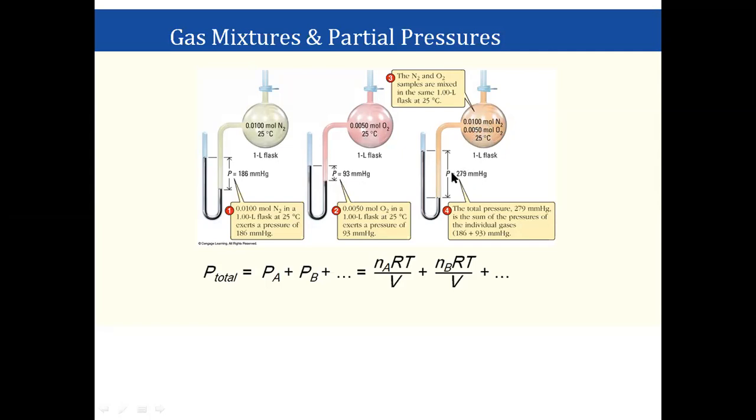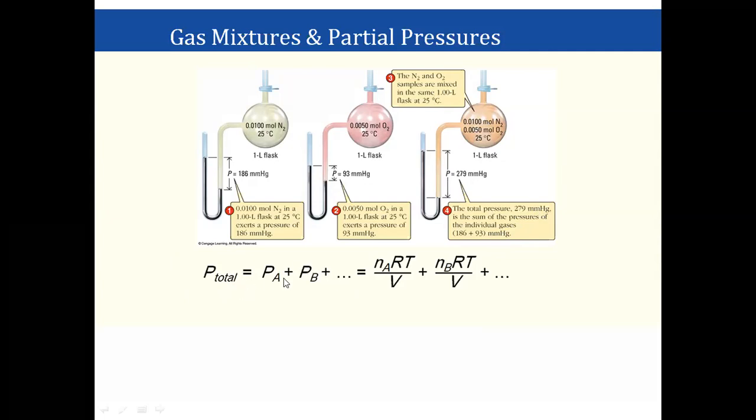So the total pressure is 279 millimeter Hg, which is 186 plus 93 millimeter Hg. So it is the sum of the pressures of the individual gases. P total equals pressure A plus pressure B and so on.